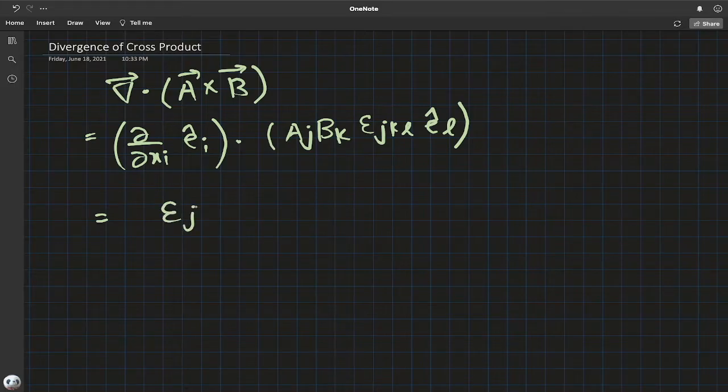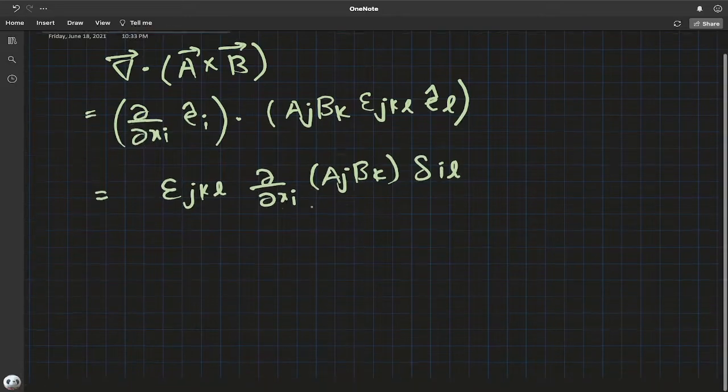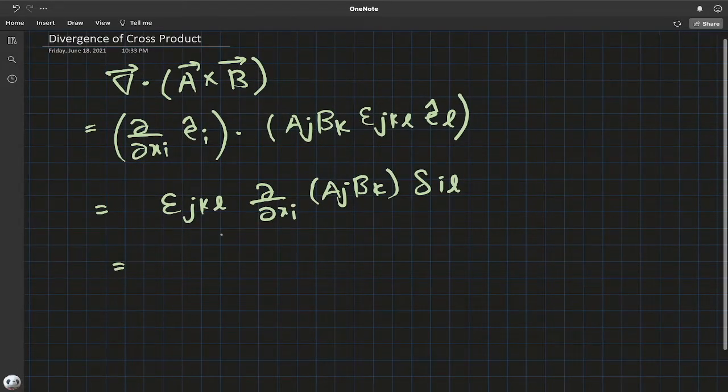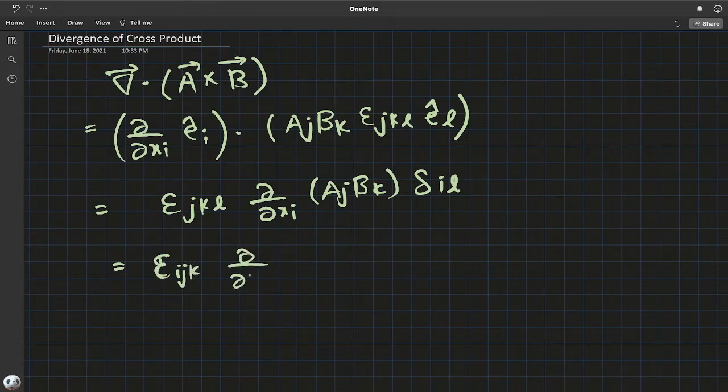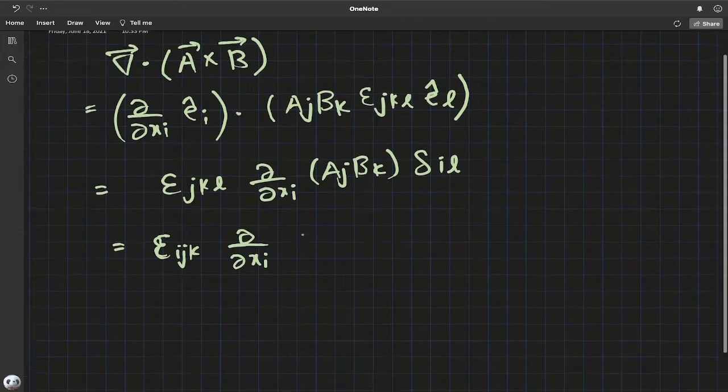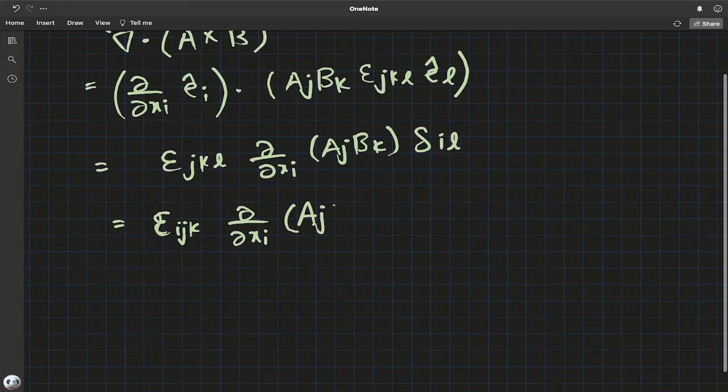So the Levi-Civita comes out being a scalar, partial xi, and then aj bk, Kronecker delta il. We can change this l to an i with the Kronecker delta. So we have jki, which you can shuffle up and write as ijk, partial with respect to xi, aj bk.